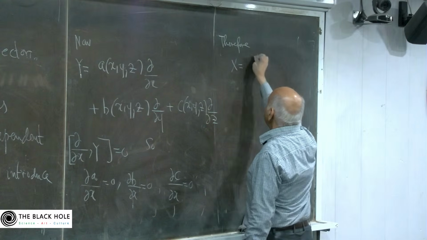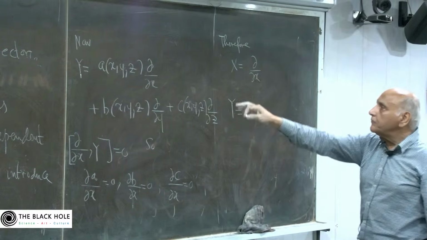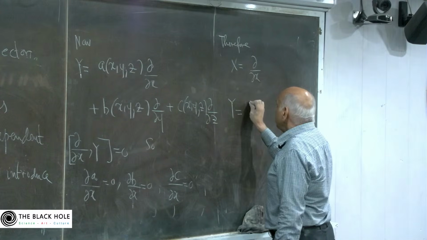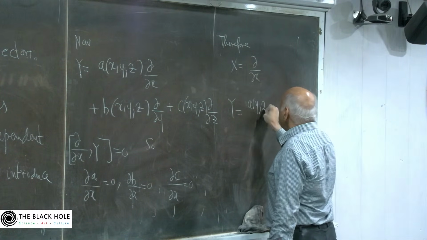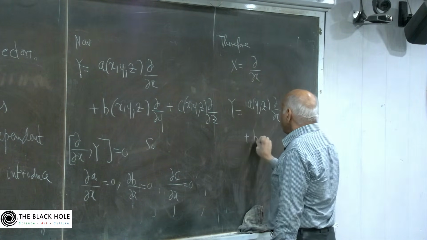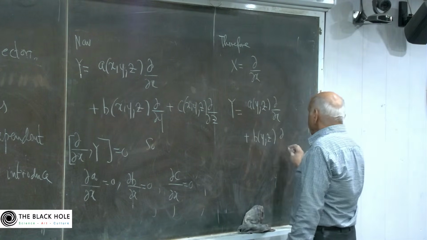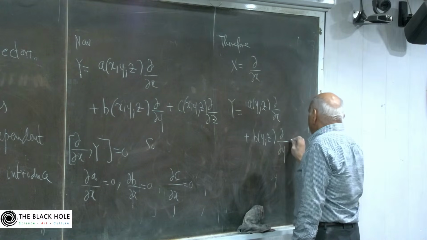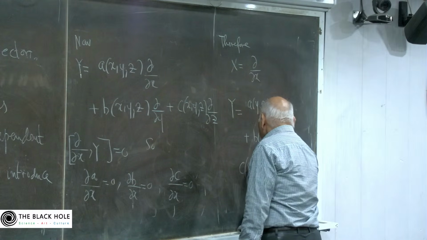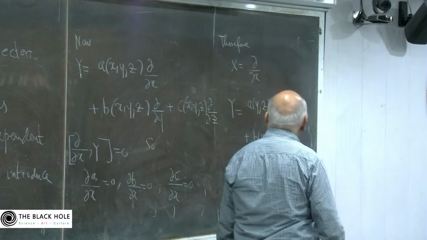So in these coordinates X is equal to partial by partial x, and Y will be just a function of y and z. Y is equal to a of y, z partial by partial x plus b of y, z partial y plus c of y, z partial z.